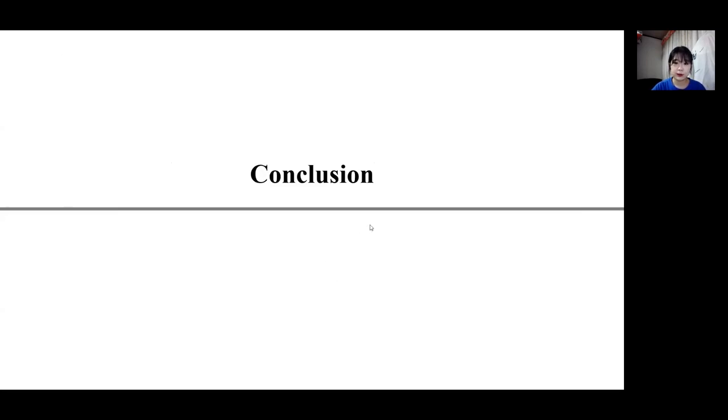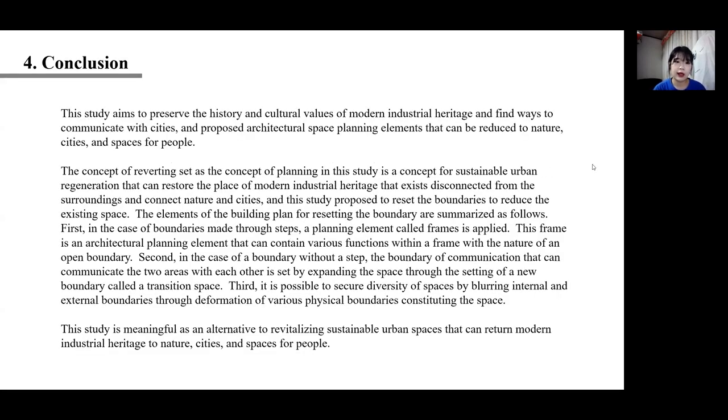Finally, conclusion. This study aims to preserve the history and cultural values of modern industrial heritage and find ways to communicate with cities and propose architectural space planning elements that can be returned to nature, cities and spaces for people.